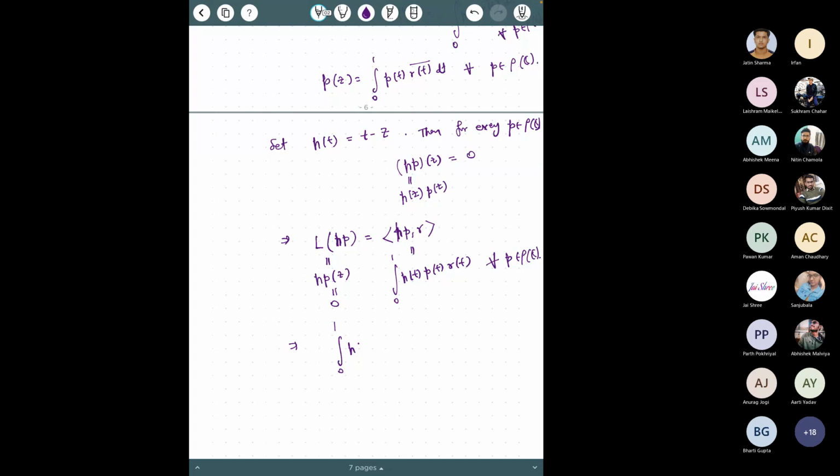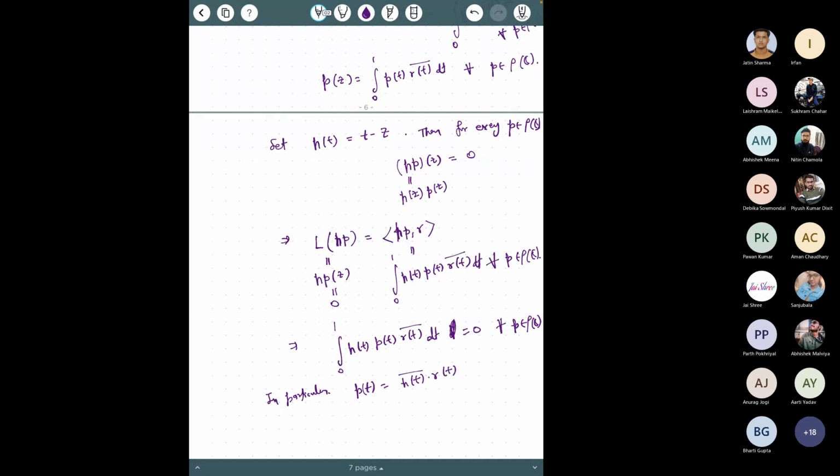So in particular, if I take P(t) as, let's say, H(t) bar R(t), then this implies that the integral of mod H(t) squared mod R(t) squared dt is 0.